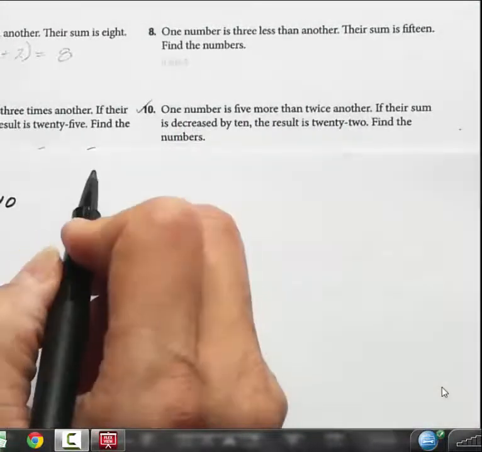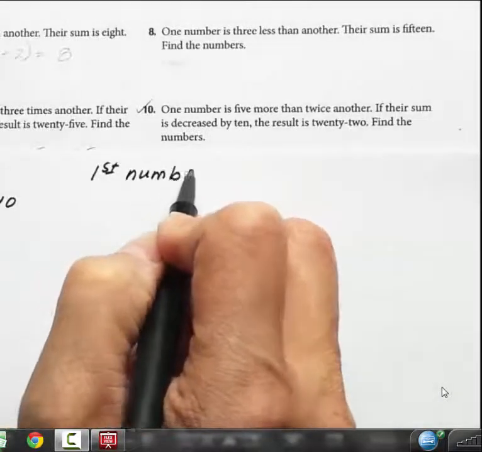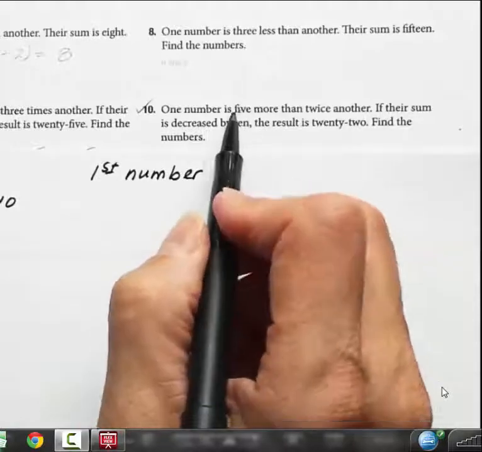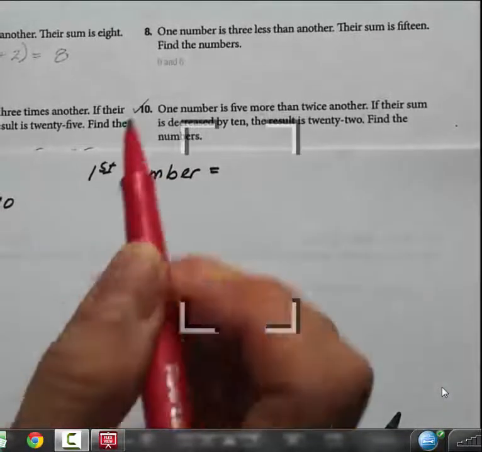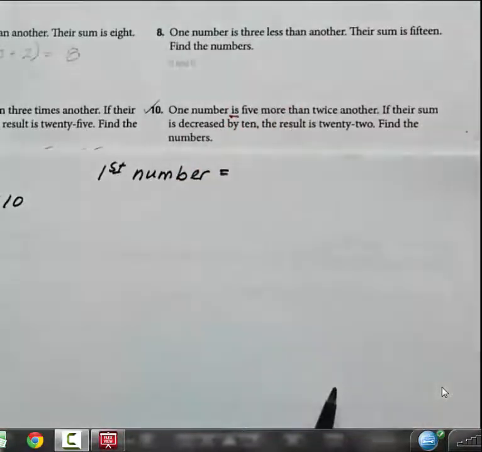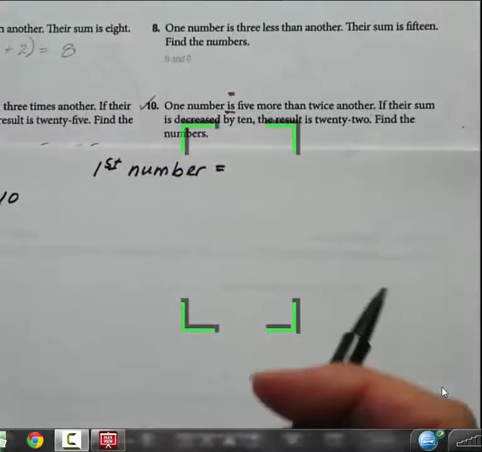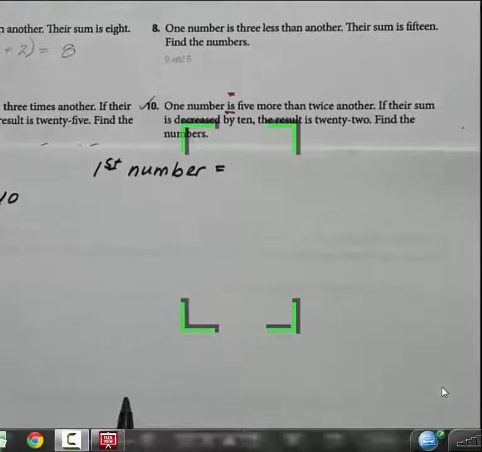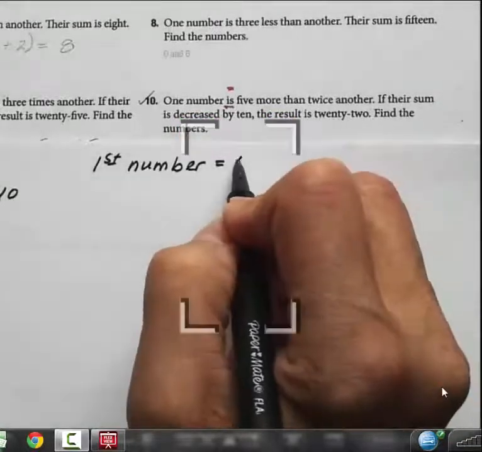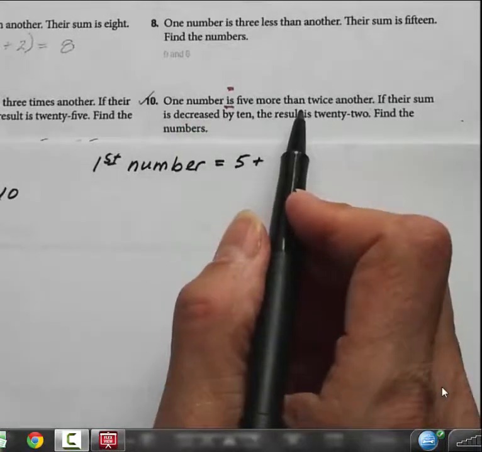So we're going to say that the first number is, which means equals, so we have the word is there. Is means equals 5 more, so that means it's going to be 5 plus, and twice the other.